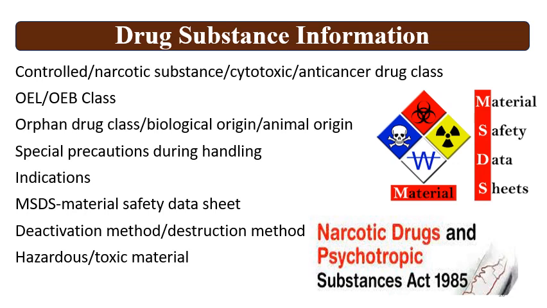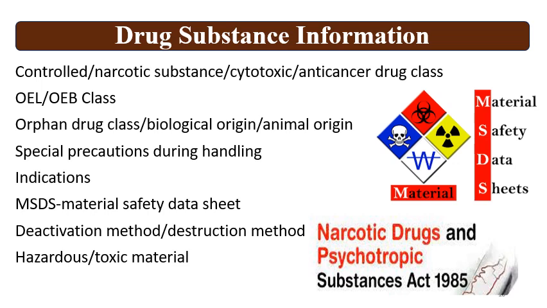Then deactivation method or destruction method. Whenever working on cytotoxic or anti-cancer materials or hormonal products or some biologically derived drug substances, these are required to be destroyed before throwing into the environment or before giving them for destruction.